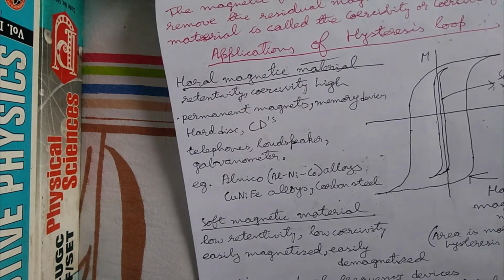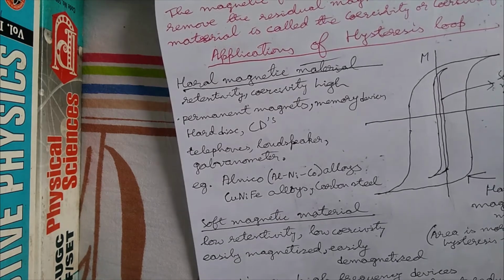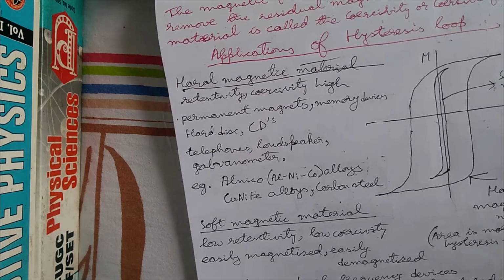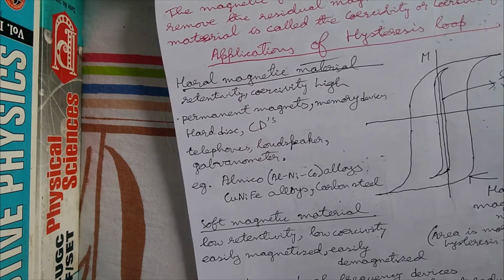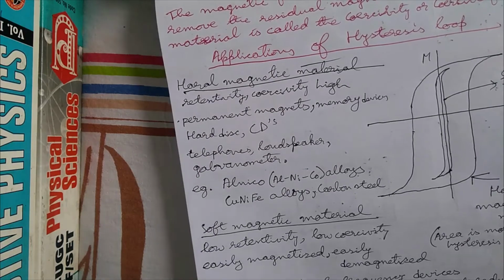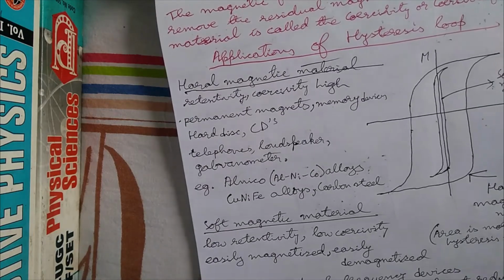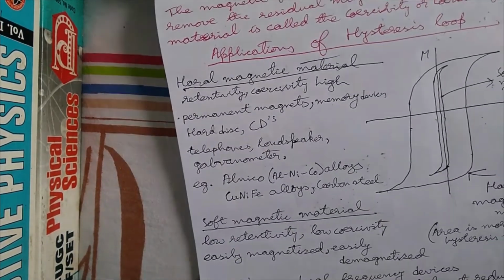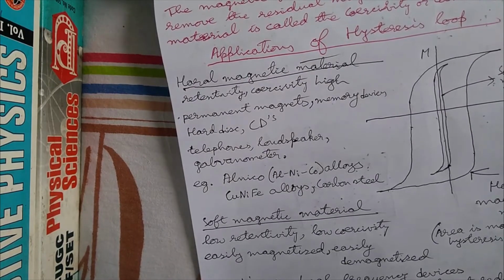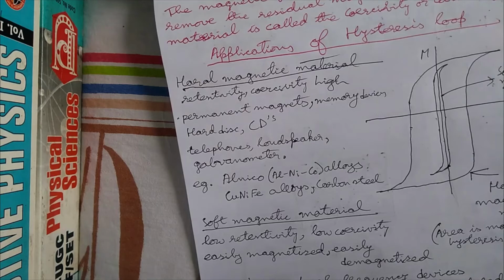Then in antennas, and in audio and TV transformers. These are the examples of soft magnetic material: mild steel, or say permalloy.